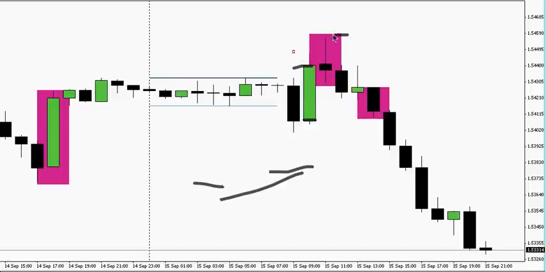Let's imagine this was our first trade of the day. So we're coming from a high, price has closed down, and we've broken out and gone short here. Then you can see here, just a few bars later, price has reversed and closed up.